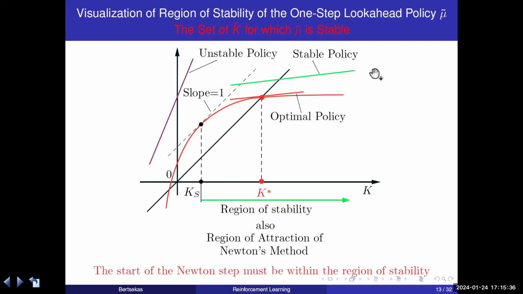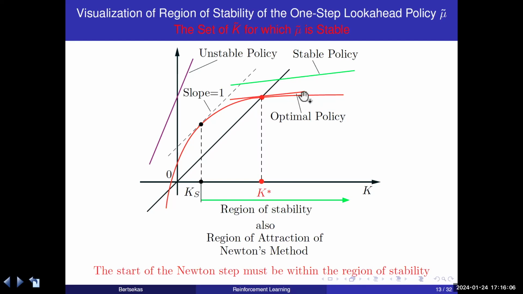So now let's also visualize the region of stability in approximation in value space with one-step look-ahead. Suppose that I take my K tilde somewhere in here. Let's say you take a K tilde to the right of K star.